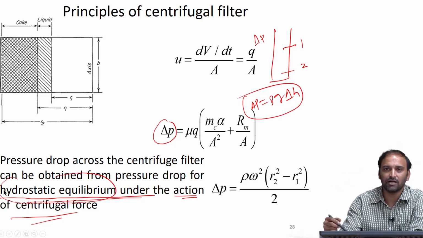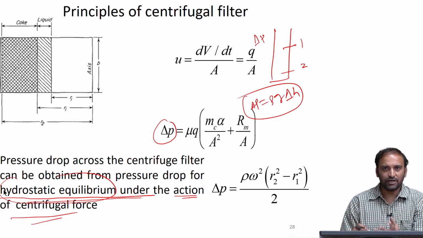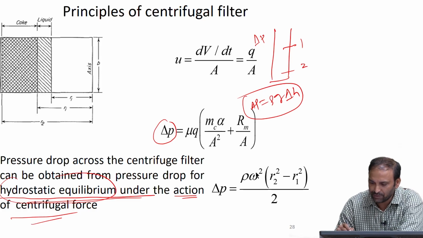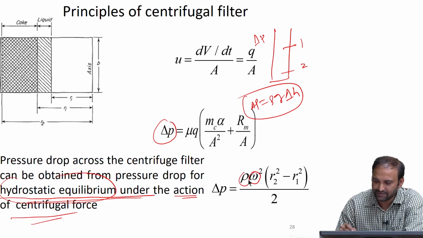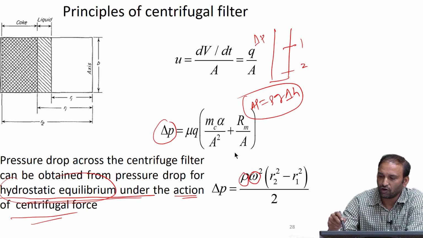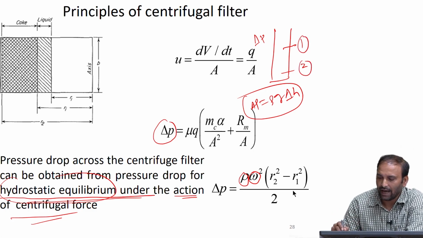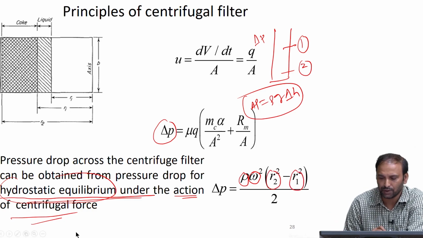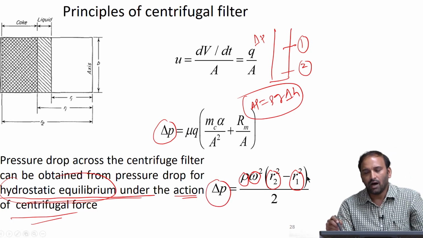Similarly, if you have a fluid in a centrifuge, rotating at a speed omega, where rho is the density of the fluid, then, similar to relating the pressure drop to the difference across two locations, if I am at some radial position r1 and some other radial position r2, the pressure difference delta P essentially goes as rho times omega square into r2 square minus r1 square divided by 2.